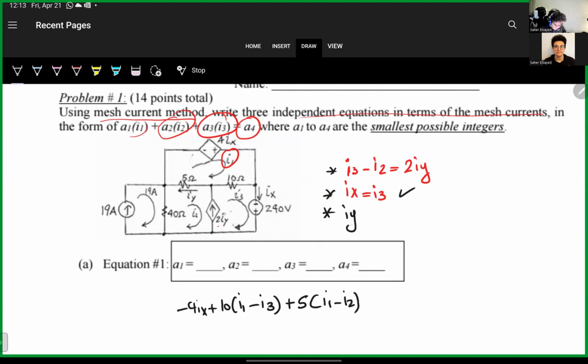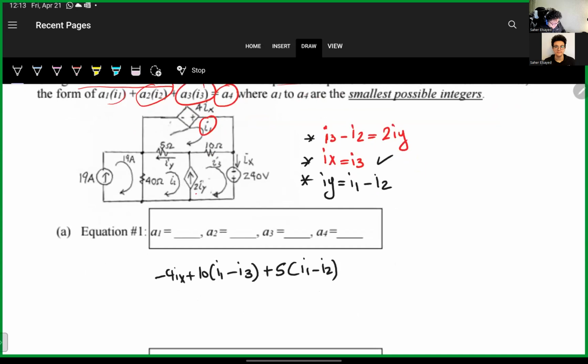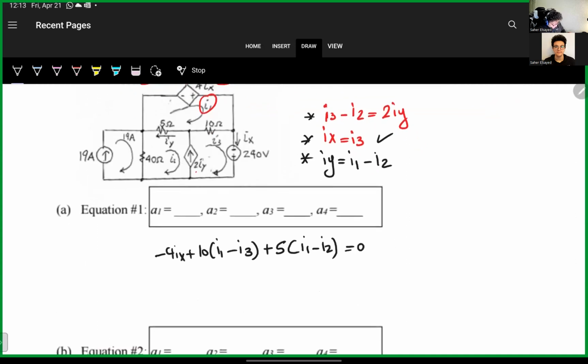What is IY? IY is I1 minus I2, right? So 5 times I1 minus I2, equal to 0. You know IX is I3, so we can substitute this with I3, and that's basically it.